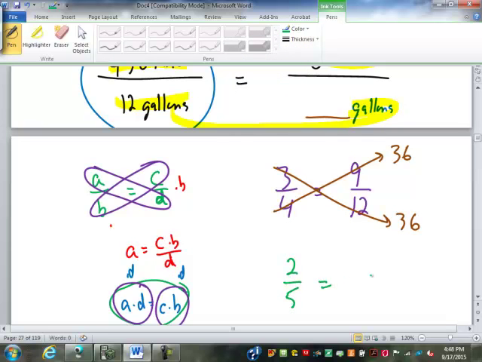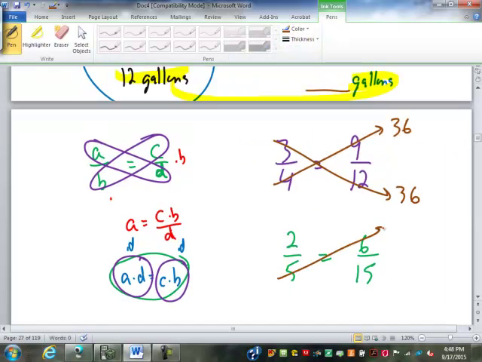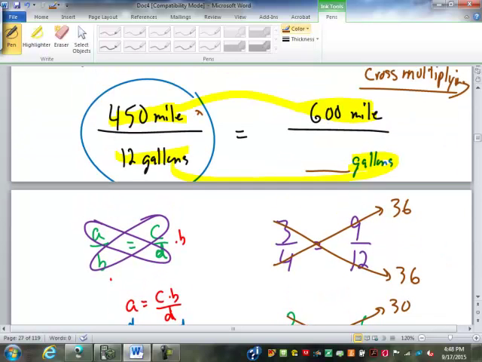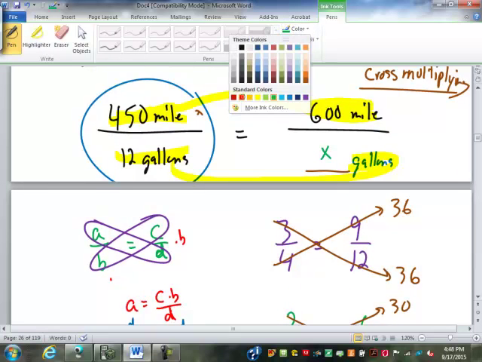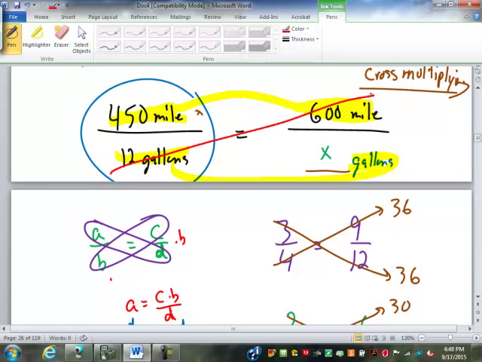2/5 is equal to 6 out of 15, correct? If I cross multiply, 5 times 6 is 30. 2 times 15 is 30. Those cross products, called the diagonal products, have to be equal. So up here, if I put an x right there, if I multiply this way, 12 times 600 is 7,200. 450 times x is 450x.